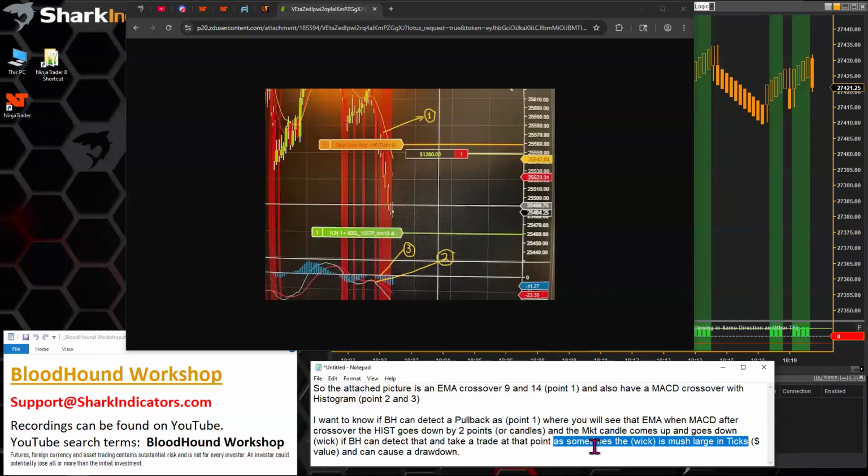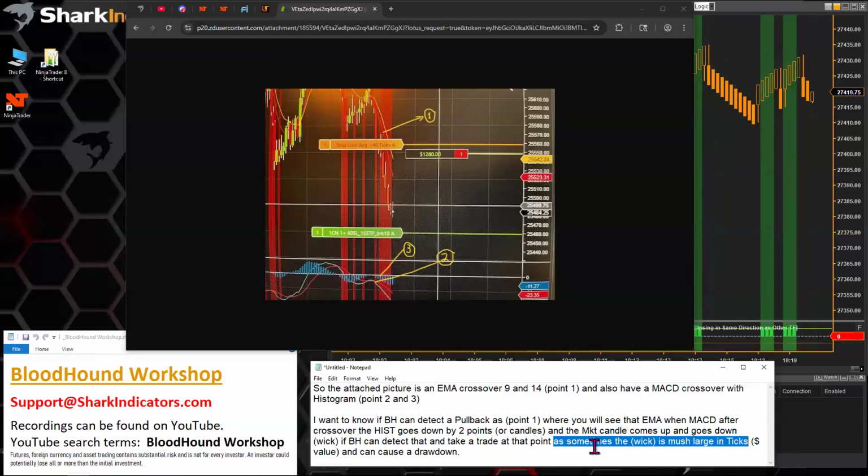Oh, okay. So here's really what's being asked, which wasn't included in the email: can the signal be generated only when the wick of this candle touches the EMA? So, yes.